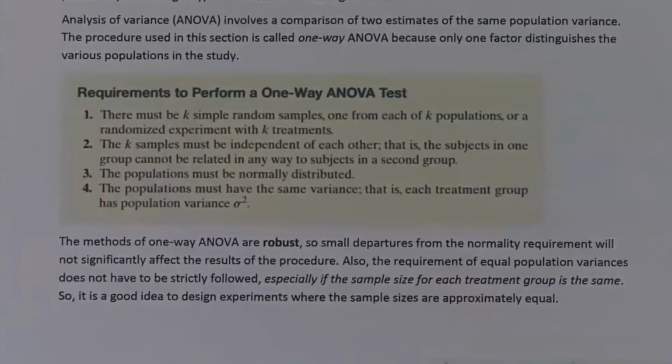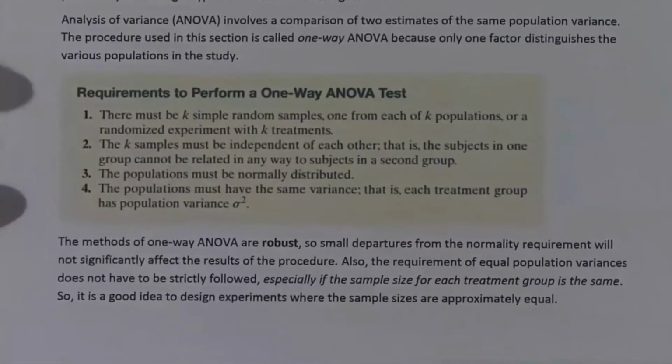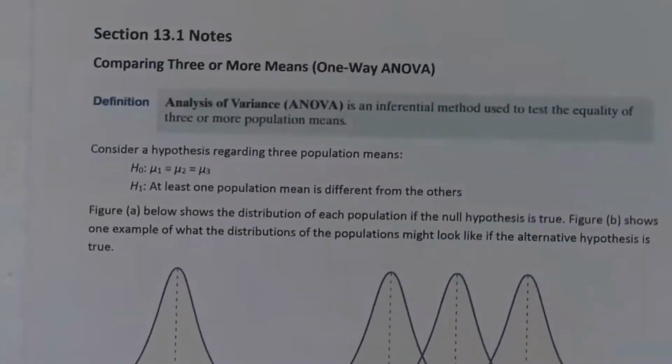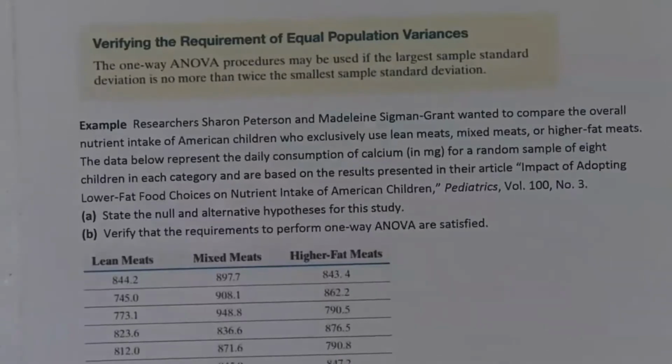We want them to all be at least approximately the same size, if not exactly the same size. We wouldn't want to take one sample that has like 10 individuals and another sample that has 100 individuals. We want them to be relatively equal. And if that's the case, then we don't have to follow the requirement of equal population variances strictly. They still need to be relatively equal, but they don't have to be perfectly equal.